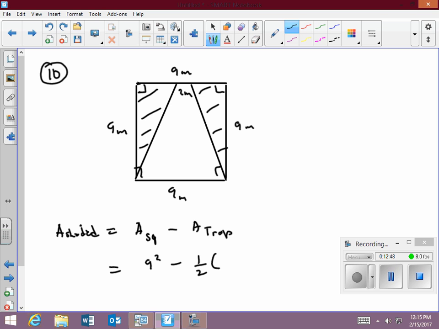And what are the two bases? 9 and 2, isn't it? 9 plus 2. See, the trapezoid is this thing right here. And then the height is going to be 9, correct?